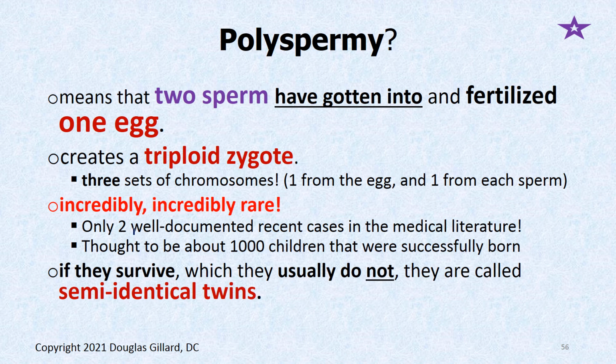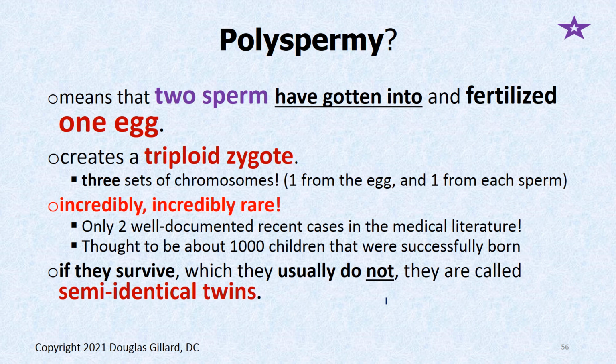Of course, there's hundreds more than that that haven't been studied. There's thought to be about 1,000 children that were successfully born that we know about who were actually polyspermy. And again, there's thousands more that slipped by in third world countries and things like that. But there's not many of them.